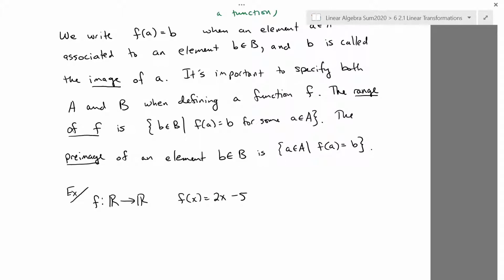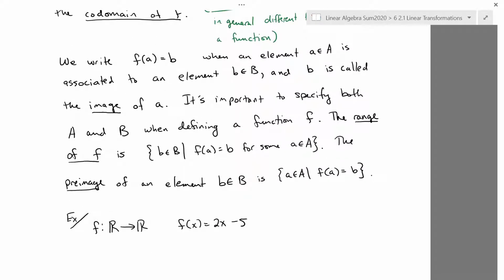Okay, so let's look at an example of a function, a real valued function here. Here the domain A is the set of real numbers, and the codomain B is also the set of real numbers. And I've defined the formula for the function to be f of x is equal to 2x minus 5, right?